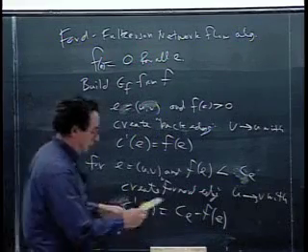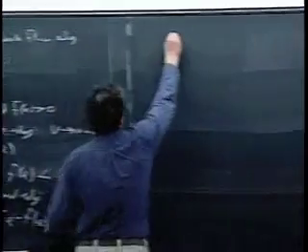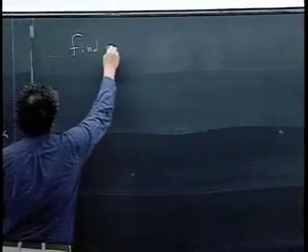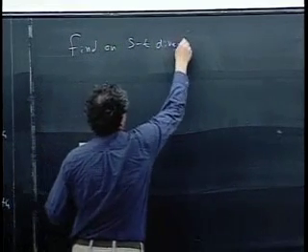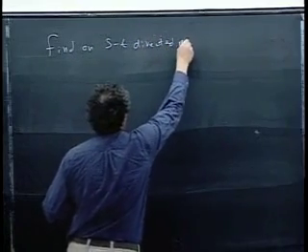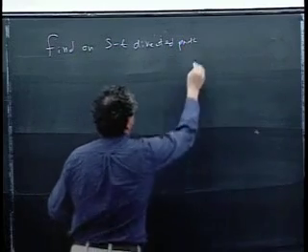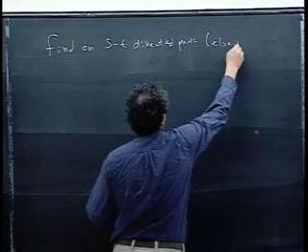And then you find an s-t directed path, if there is one, else you stop if there isn't.